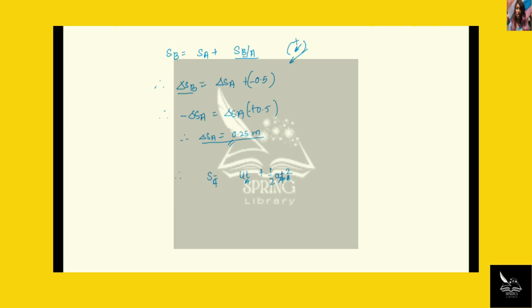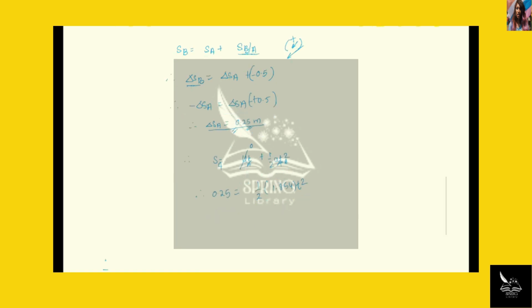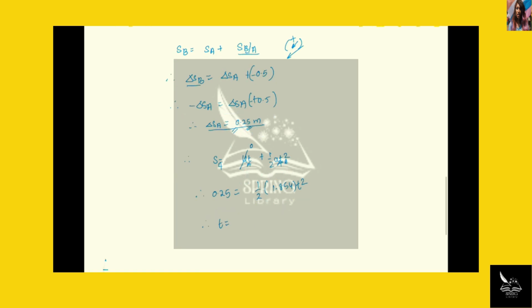On solving this we get 0.25 meters. So substituting this value here, 0.25, the initial velocity is 0, so this term is 0, half times the acceleration of A, which is 1.854, times t square. Solving this for t, we get t as 0.519 seconds, and that is our answer. Thank you.